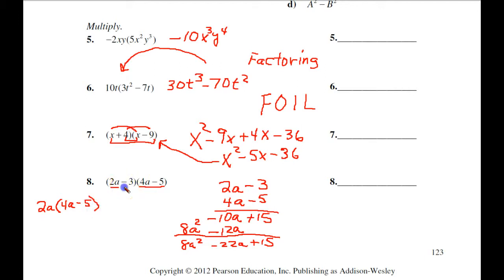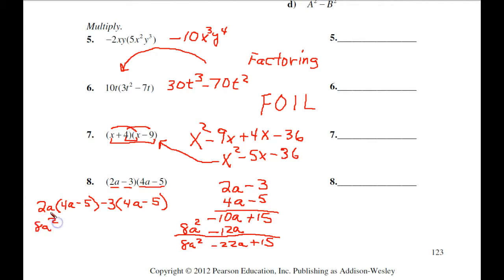Then you take the second term of the first binomial, negative 3, and multiply it by this: 4a minus 5.